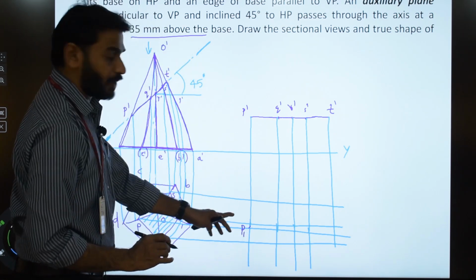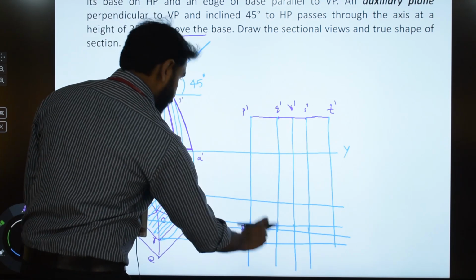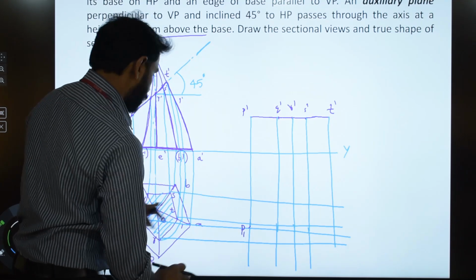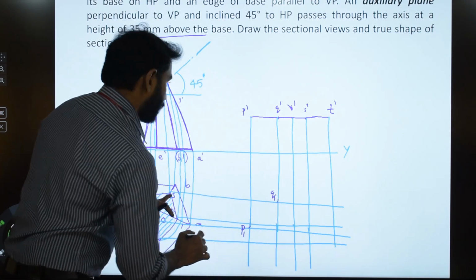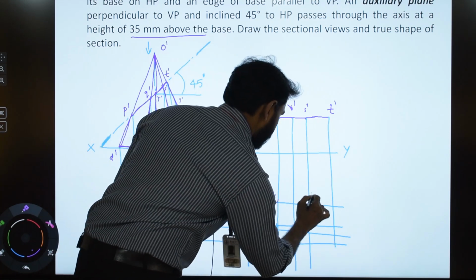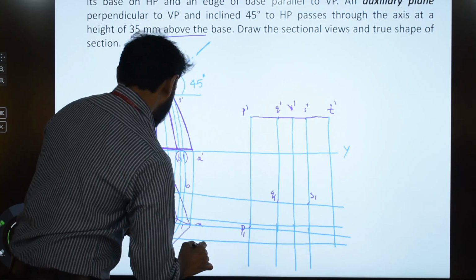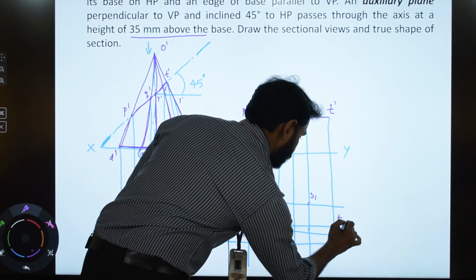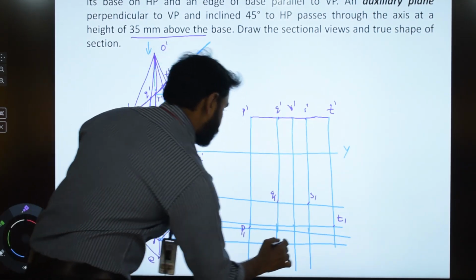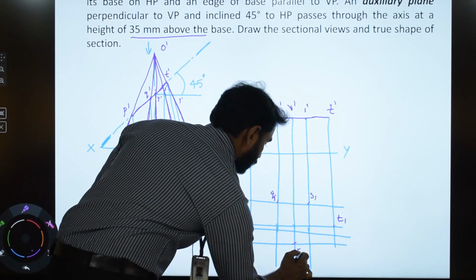Similarly, the projectors through Q dash and Q, you can mark Q1, then S dash and S, S1, T dash and T, it is T1, and R dash and R, R1.